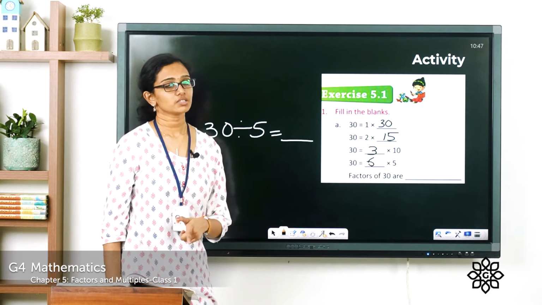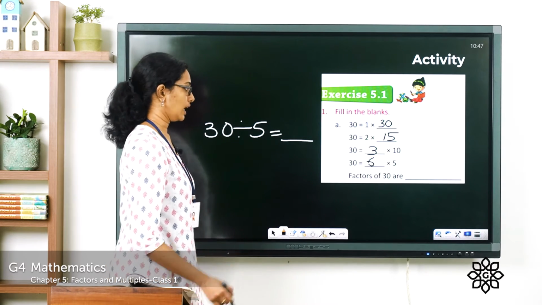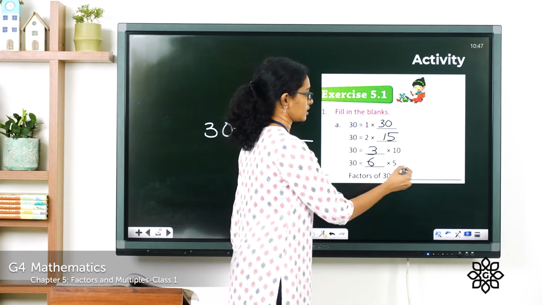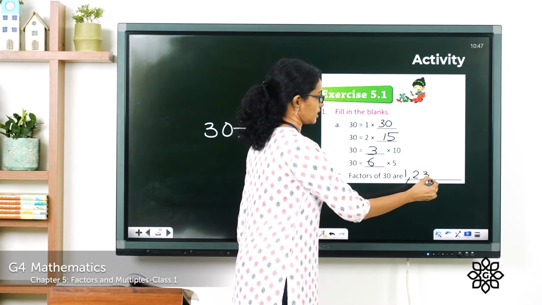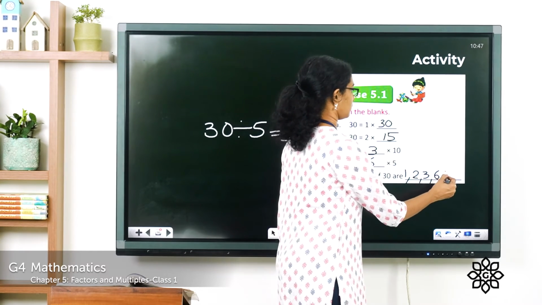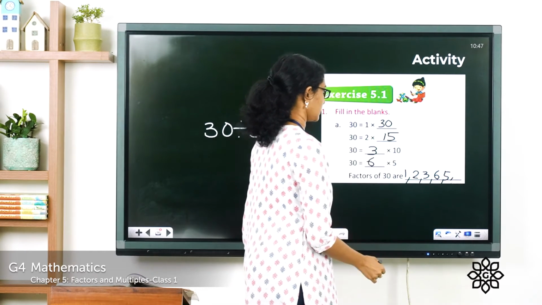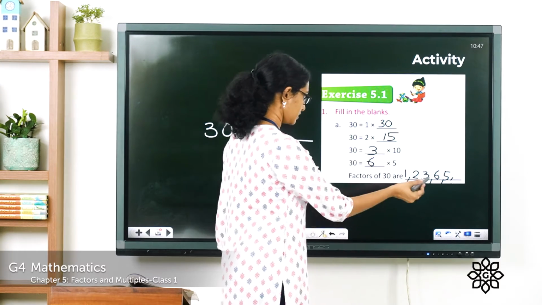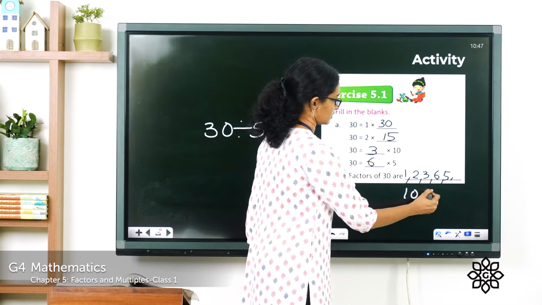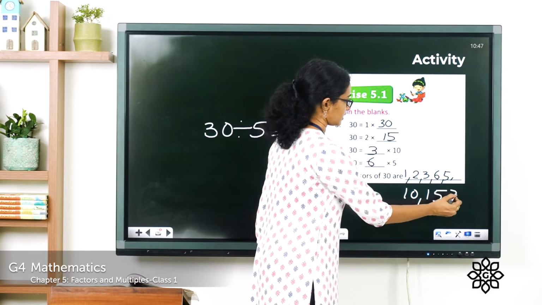From this, let's write the factors of 30. Which are the factors? 1, 2, 3, 6, then 5, then 10, 15 and 30.